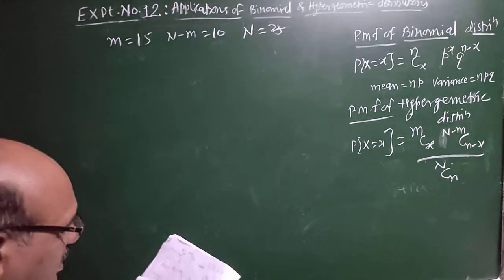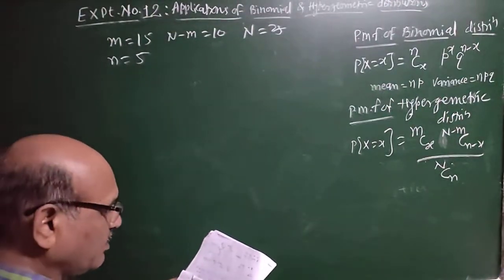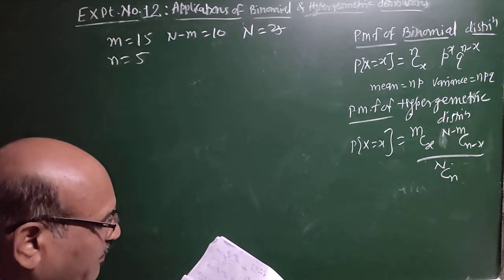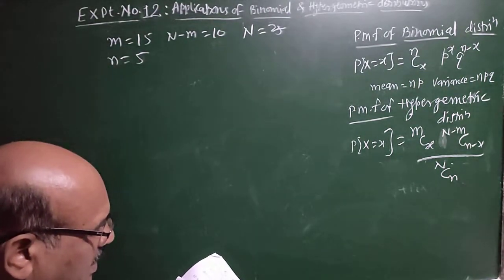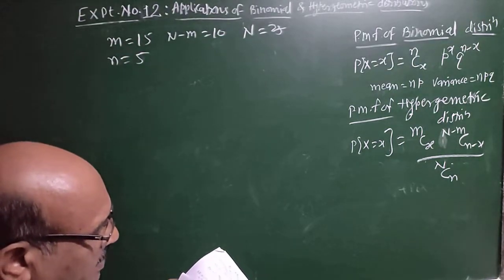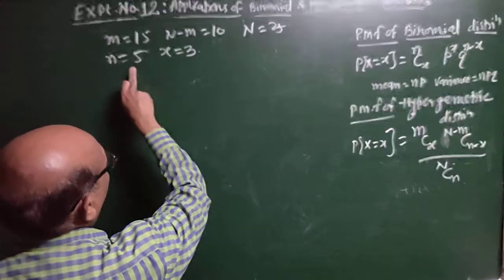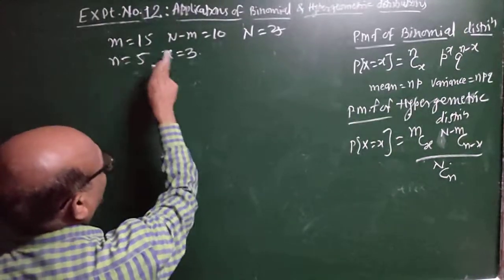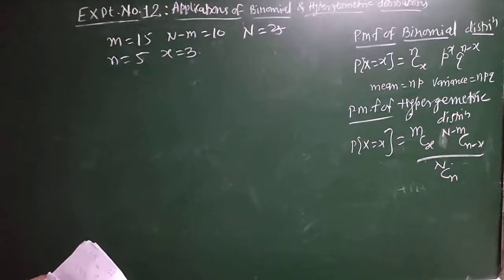And a committee of 5 members, that means you take the sample of 5 out of this 25. Committee of 5 members is to be selected without replacement. What is the probability that 3 of the committee members are male? So x is male. So 3 will be out of 5, 3 will be from male and the remaining 2 are from female. That way you have to calculate.